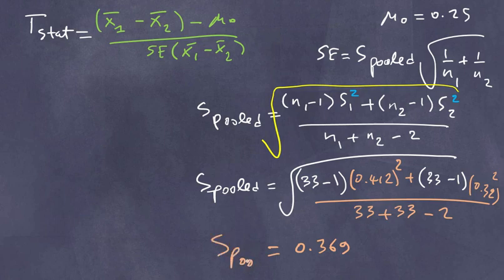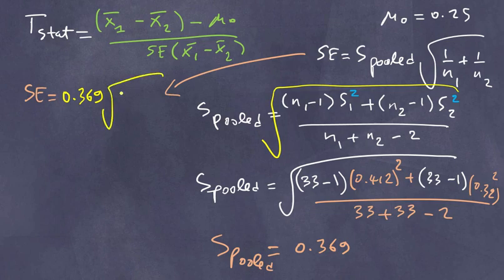That's the pooled standard deviation. With S pooled, we can find the standard error, SE, 0.369 times the square root of 1 over n1 plus 1 over n2. SE is 0.09.